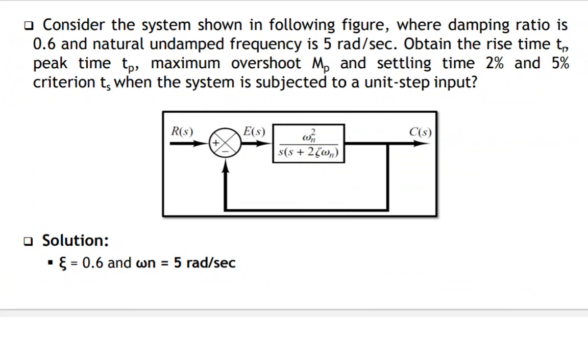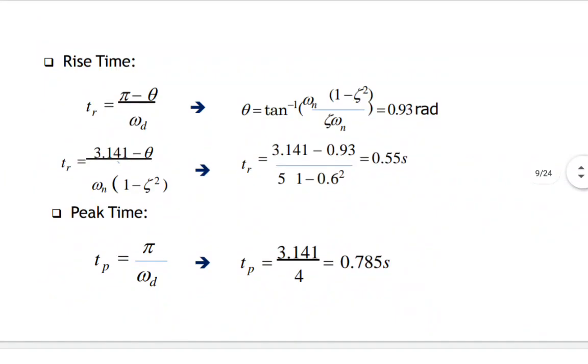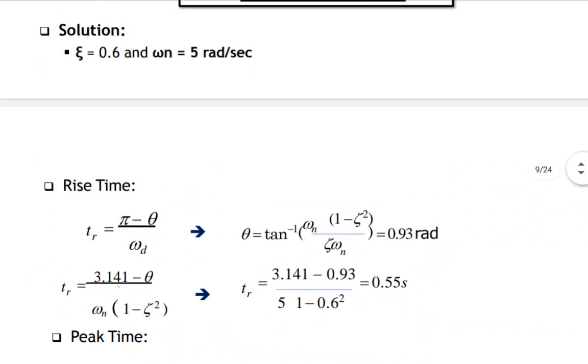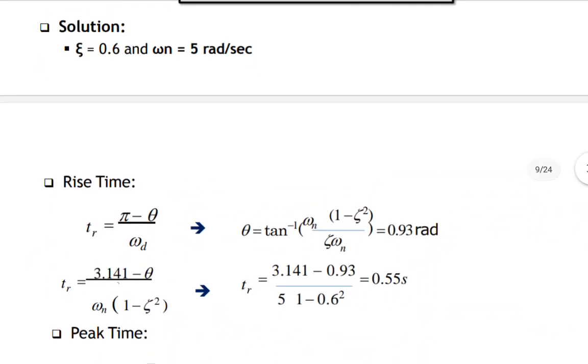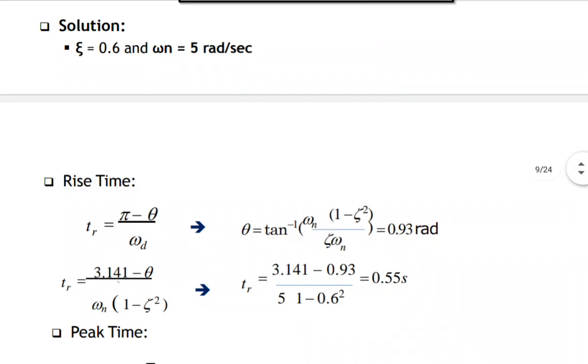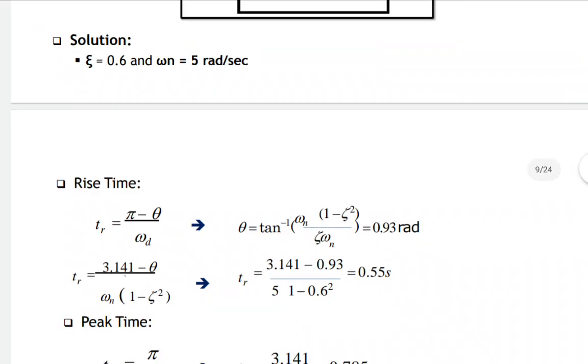So in this occasion, your xi is already mentioned, that is 0.6, and omega n is equal to 5 rad per second. So what is the rise time concept? Here see Tr, the rise time formula that was analyzed in lecture 13. Again just to recall, Tr is equal to pi minus theta divided by omega d, and theta is equal to tan inverse of omega n root under 1 minus xi square divided by xi omega n.